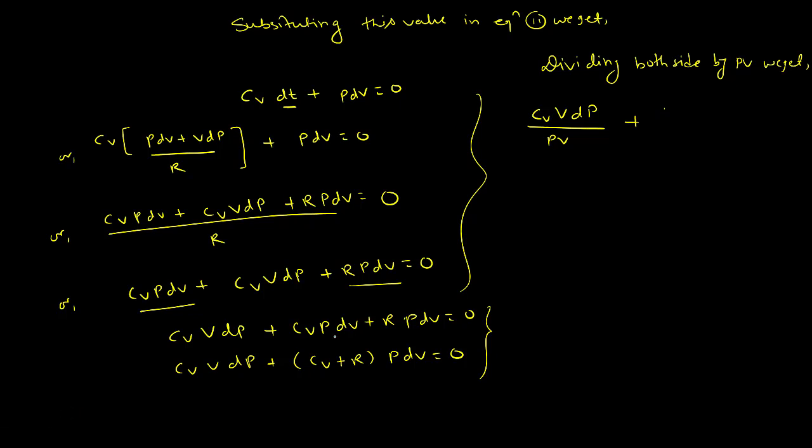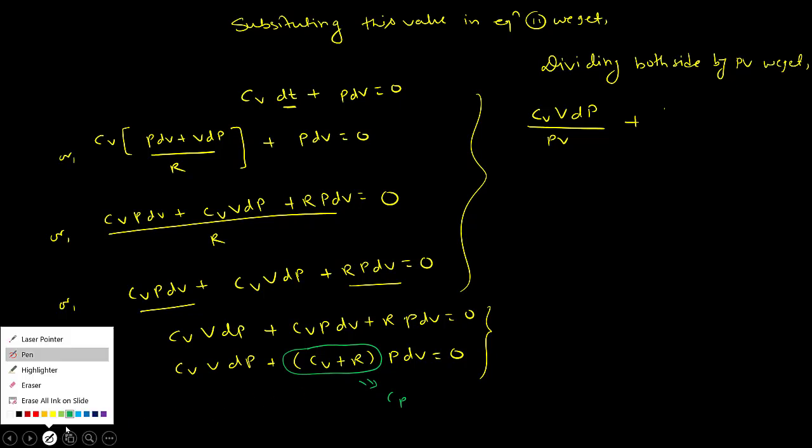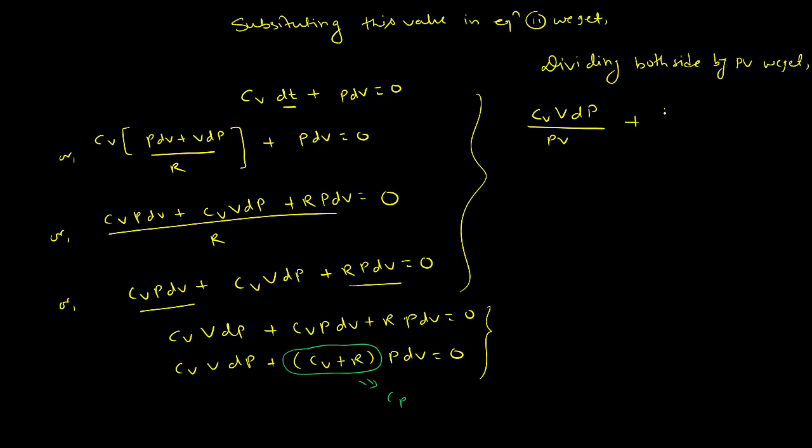From Mayer's formula, this Cv plus R can be written as Cp. Then Cv dP upon P plus Cp dV upon V equal to 0.